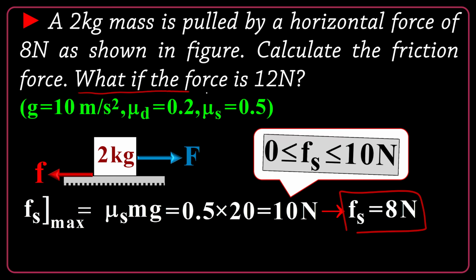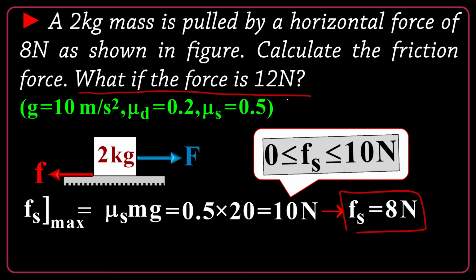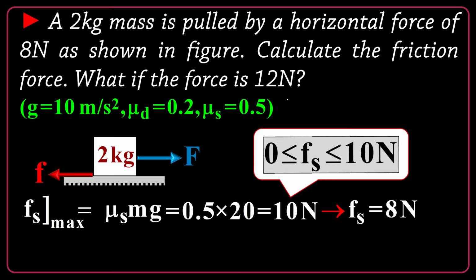What if I pull the object with a larger force, like 12? 12 is larger than 10, and it will break this opposition. It will pass the borderline, and Fs is not going to be a valid force here. I should consider the dynamic friction. How? Dynamic friction is always mu(d) times normal force.